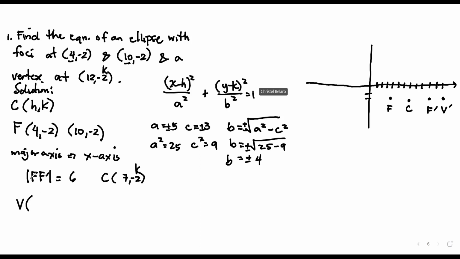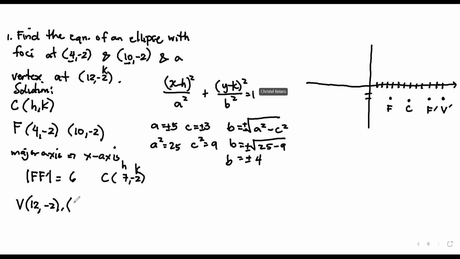So the vertices are on the x-axis. So we will add to the x-coordinate. 7 plus 5 is 12, negative 2.